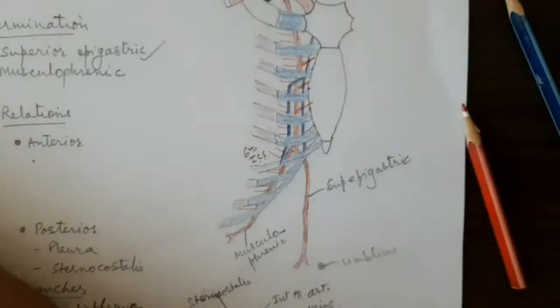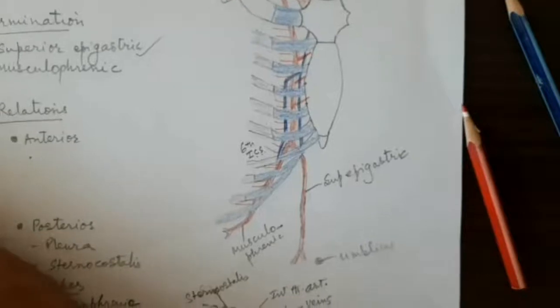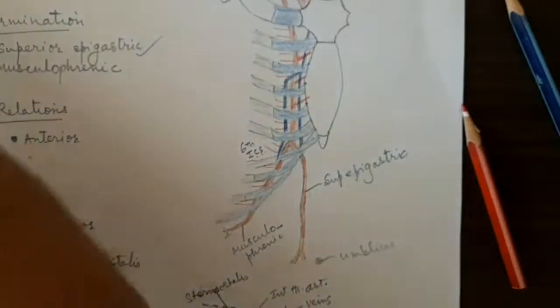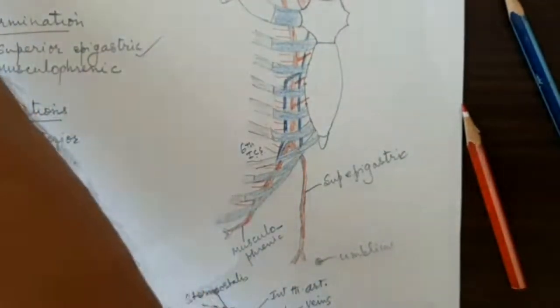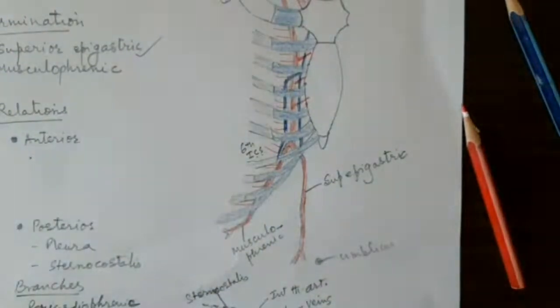Why are they prominent in females? Because in females they have to supply blood to the breast. Then after the anterior intercostal arteries, let us come to the next branch, and that is the terminal branches.